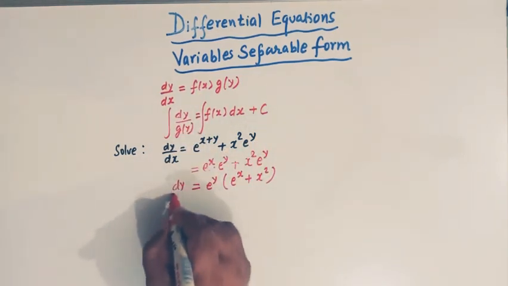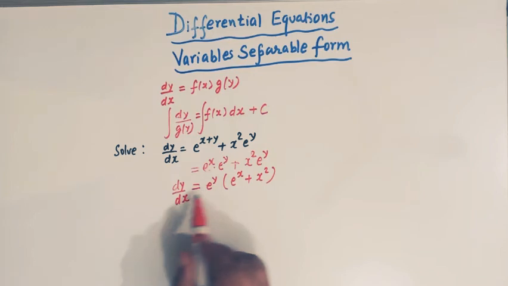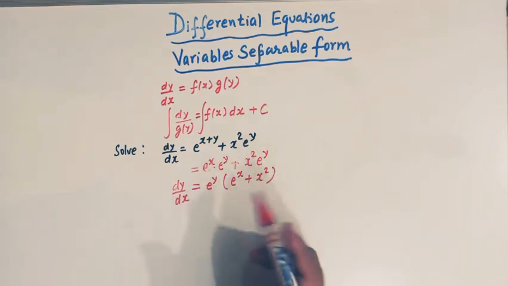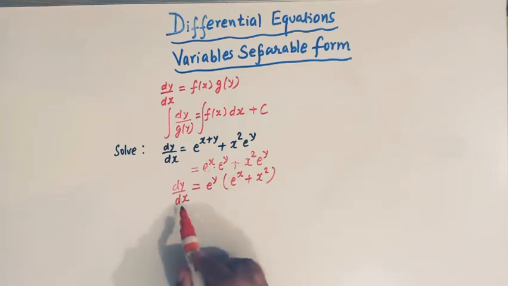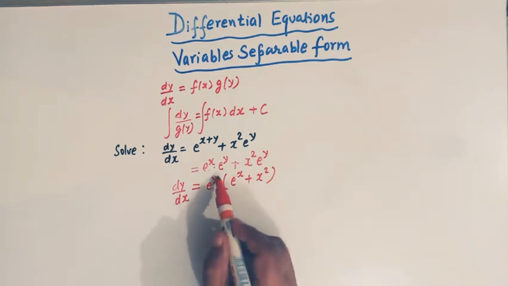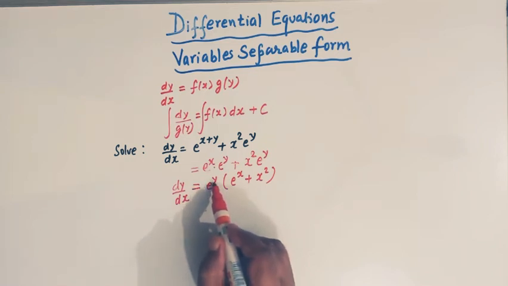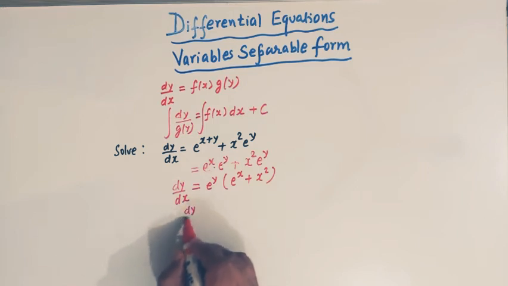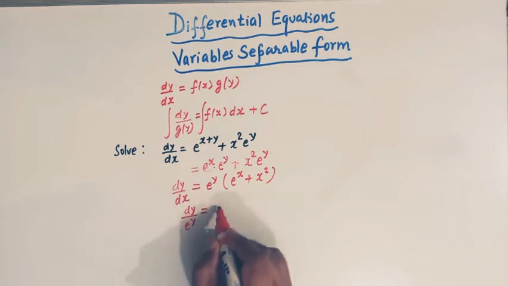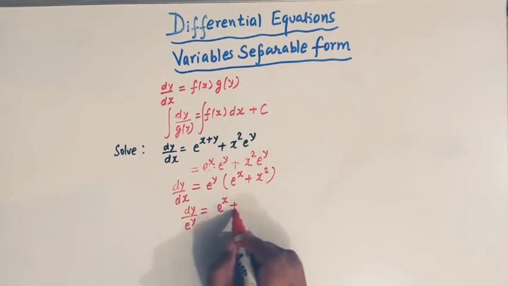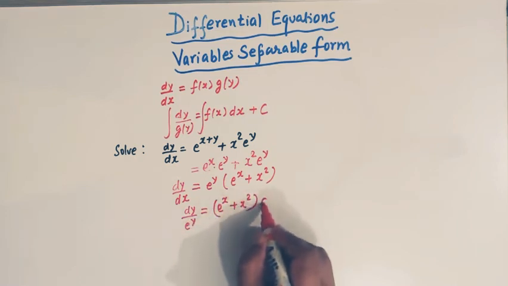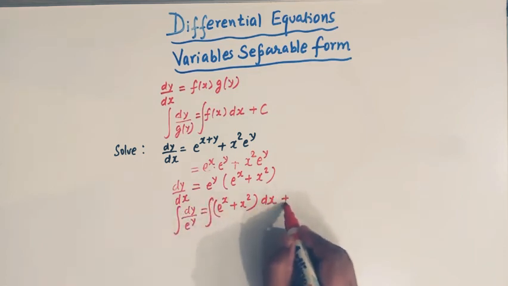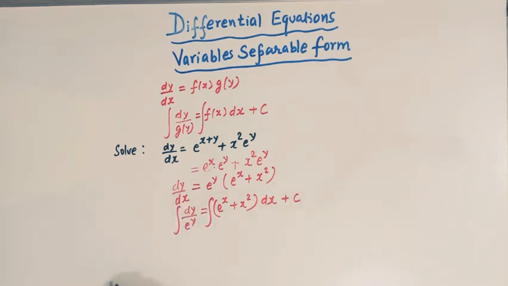So here we have dy over dx. Now we'll associate all the terms having x in it with dx, and the terms having y in them will be associated with dy. So here we have dy over e raised to y, and here we have e raised to x plus x square times dx, right? Now we'll integrate both sides, and here we have the constant of integration.